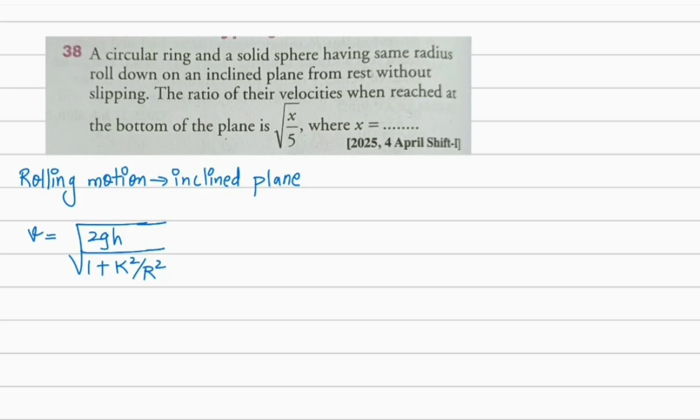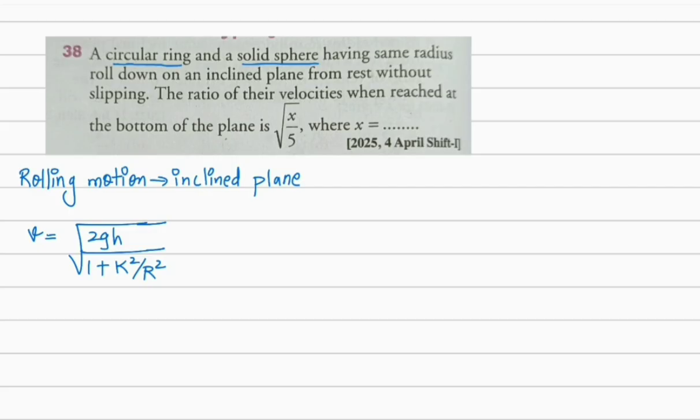What is k? Let me remind you, k is radius of gyration, right? Now मैंने देखा there are two different structures out there. One is a circular ring and another is a solid sphere. But can I say 2gh, ये तीनों terms तो same हैं for these two structures, alright?